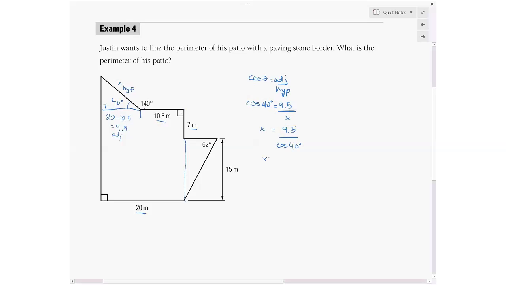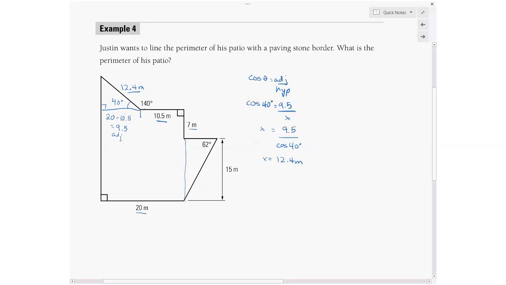So x is equal to 9.5 divided by the cosine of 40 degrees, which is 12.4 meters. So I know that this is 12.4 meters.